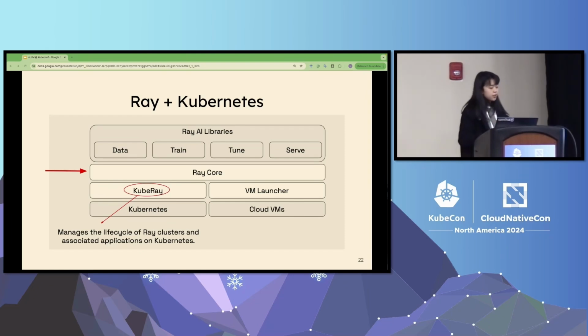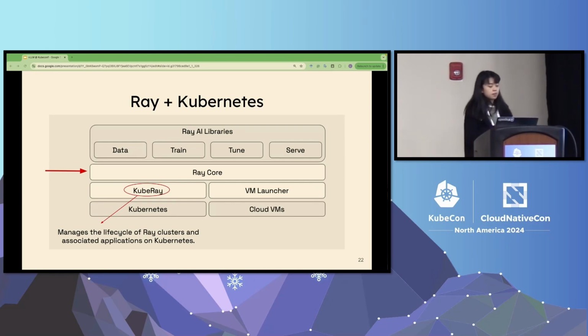And lastly, you have KubeRay. KubeRay is highlighted in these slides as a critical integration point between Ray and Kubernetes. It manages the lifecycle of Ray clusters and their applications within Kubernetes environments, and enables Ray workloads to be orchestrated on Kubernetes.